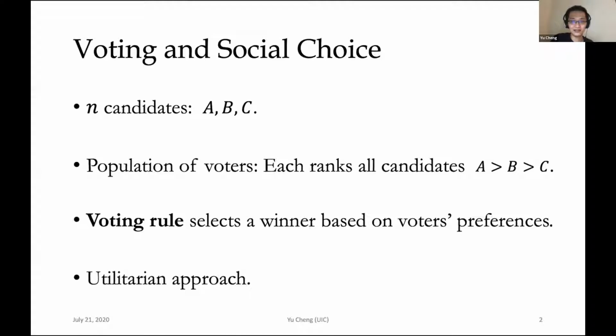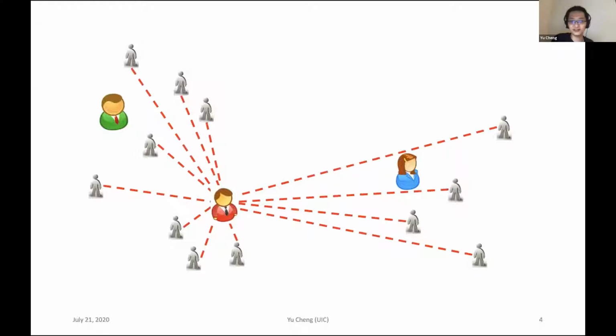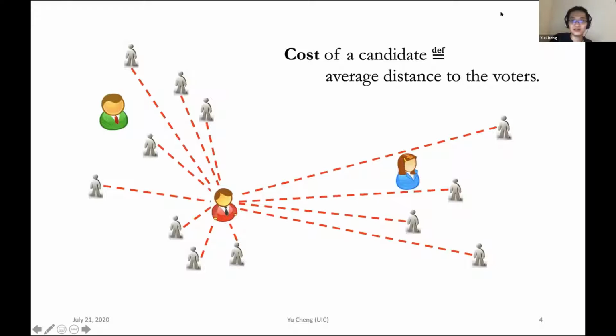And we're going to take the utilitarian approach where everybody has a numerical score for each candidate, or in this talk, we're going to handle costs. The cost is simply, when you put the voters and candidates in a metric space, the distance from your voters to a candidate. Then you can measure the cost of a candidate as the average distance to the voters, or the sum of the distances, which is the same thing.